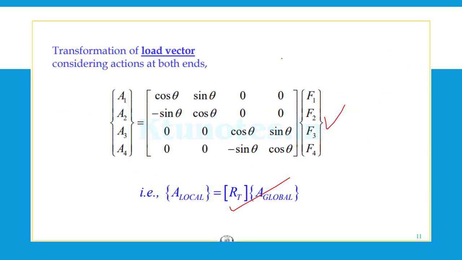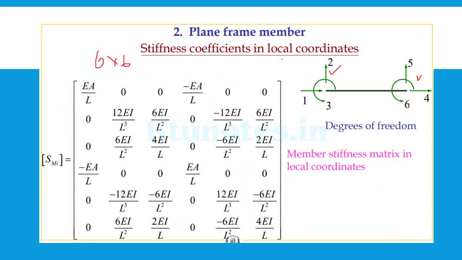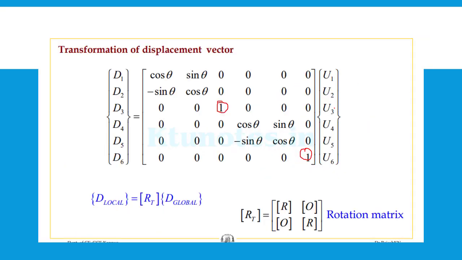The values with respect to the moment are at positions 3 and 6 here, and correspondingly the 1 came in the matrix. So again writing it as R, the R matrix will now be a big matrix: a 3 by 3 block, a null matrix, a zero matrix, and an R matrix. This will be the R rotation matrix, which relates the local displacement to the global displacement.